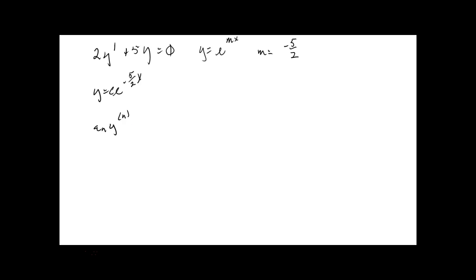So this is nth order linear, plus a sub n minus 1, y to the n minus first derivative of y, plus, dot, dot, dot, and go down to a sub 2, y double prime, plus a sub 1, y prime, plus a sub 0, y is equal to 0. Remember, we're doing homogeneous cases here.